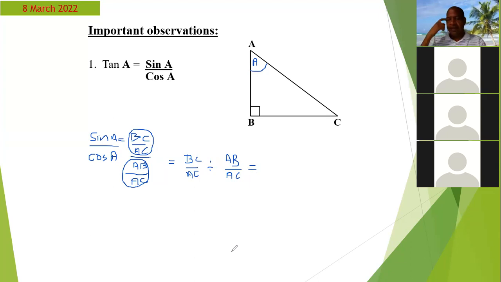What is the rule for division of fraction or dividing by a fraction? You're supposed to invert. Invert which one of them? I think it's the second one, the AB over AC. What do you call the second fraction that you're dividing by?